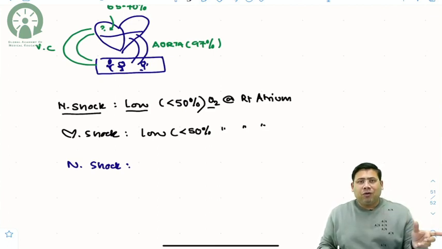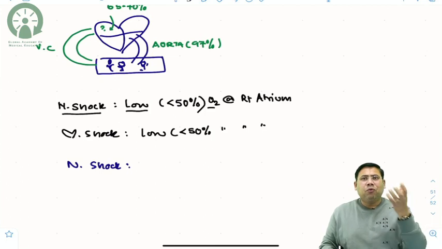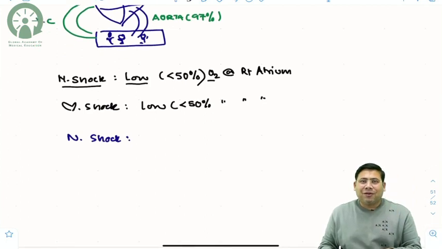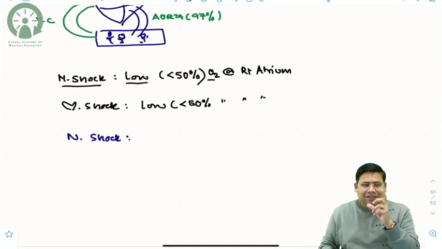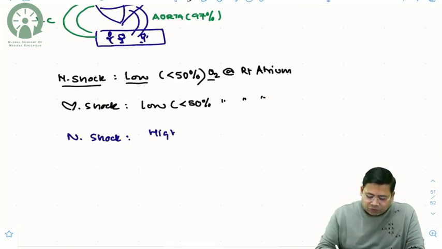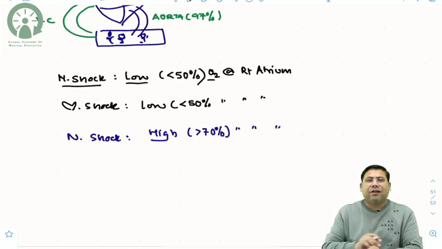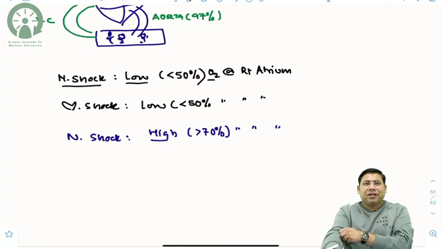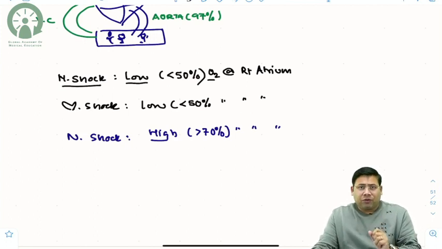Remember, low oxygen levels indicates more extraction. High oxygen level indicates lesser than the usual extraction, and this is why both of them are suspicious. So level more than 70% of oxygen saturation at the level of right atrium basically indicates a state of ongoing neurogenic shock.